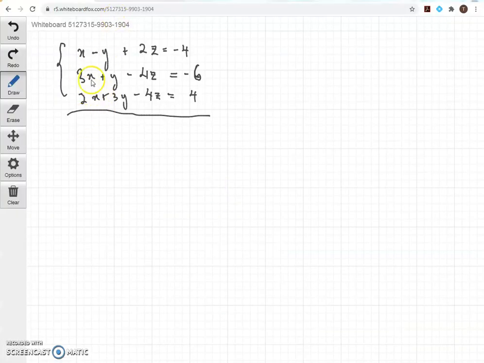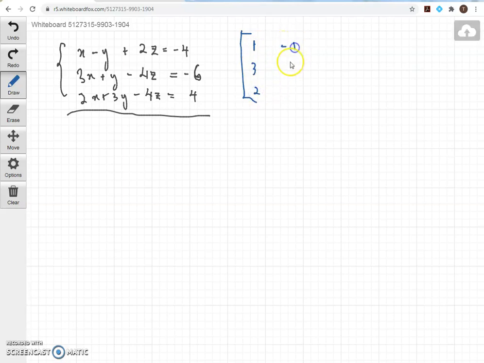Okay, this is the question. I want to apply Cramer's rule for it. Before that, let us put everything into matrix form. Here we are dealing with a 3 by 3 matrix, where you get 1, 3, and 2. For y, you get -1, +1 and 3.